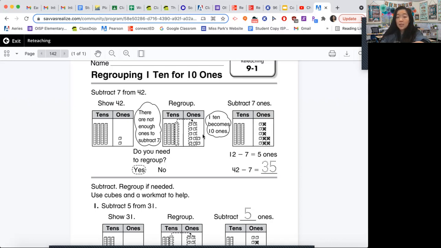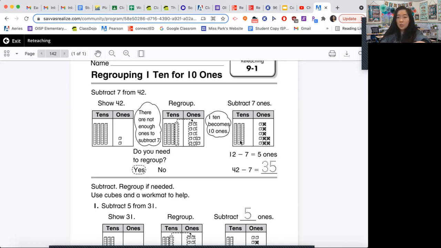So what is 2 plus 10? 12. So we've now added 12. And so by adding 12, we now are able to subtract 7 ones. So we take away 7. We have 5 left. So we have 5 ones.